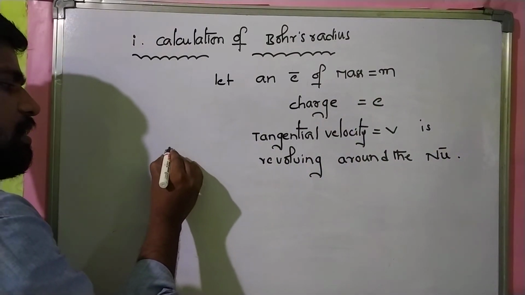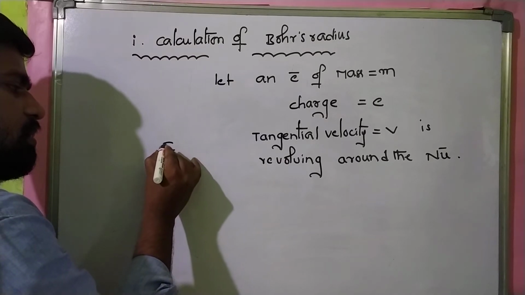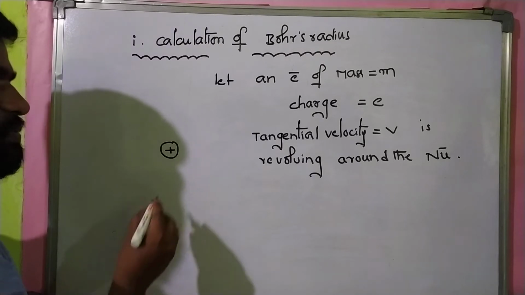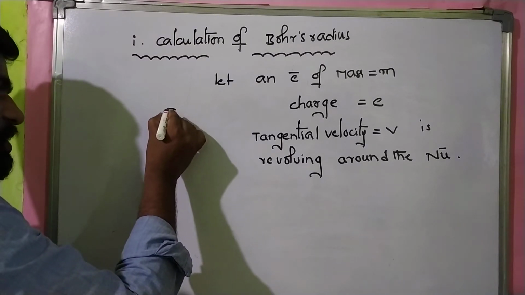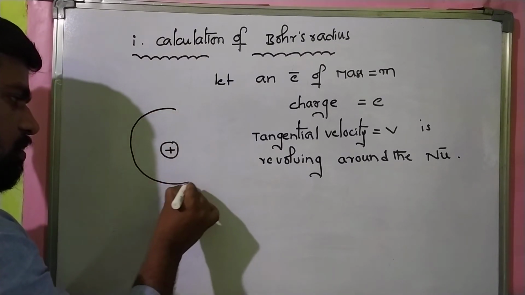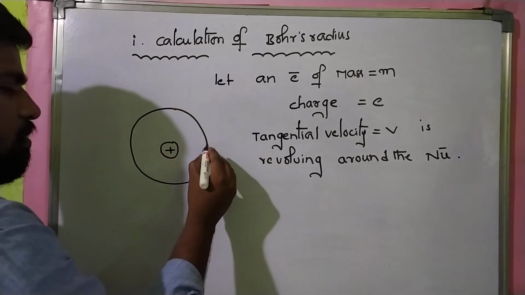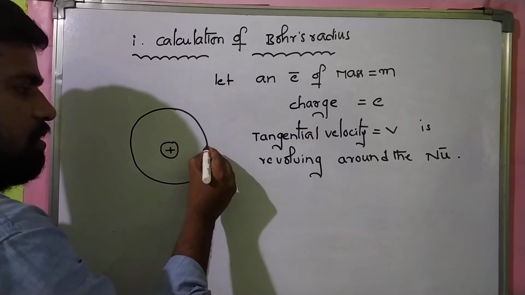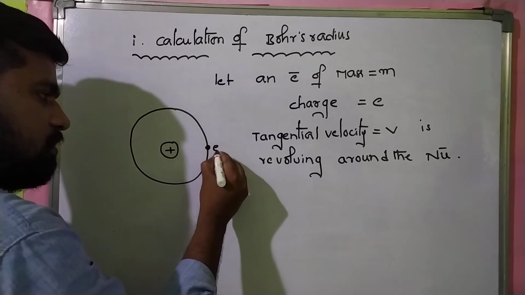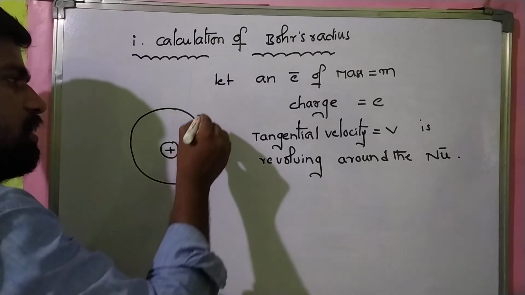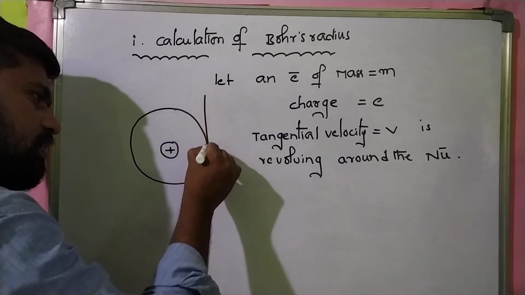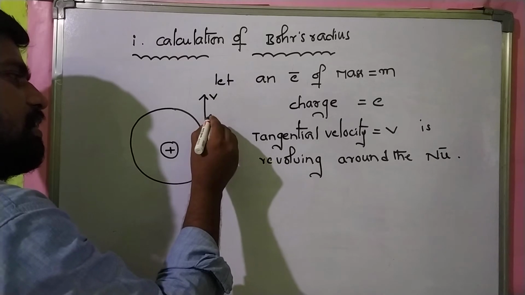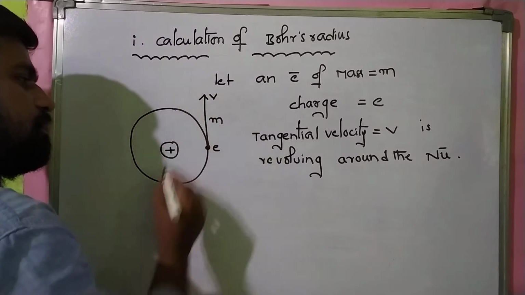So this is the nucleus. Positively charged part of the atom is called nucleus. Now around this nucleus, the electron is revolving. So this is one electron. Now it is revolving with linear velocity v of mass m.